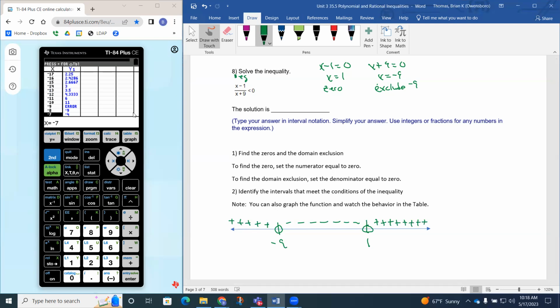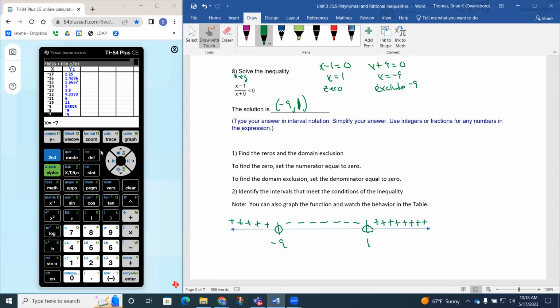Just looking at the sign changes on the table is the easiest way to do that. Again, we were looking for negative because we had to be less than 0. So we have to be between -9 and 1. We do not include either endpoint. So between -9 and 1 would be our solution.